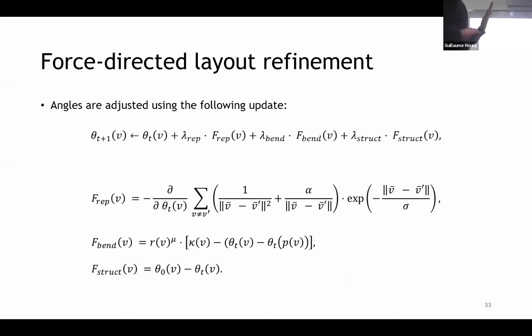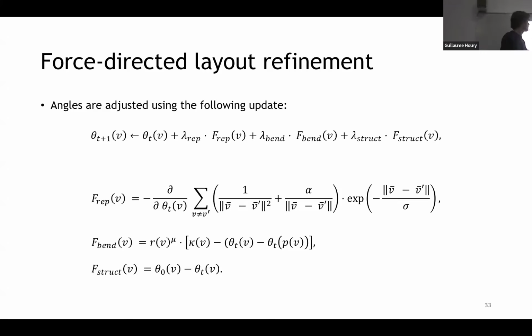So basically, we are using a typical classical technique for graph visualization called a force-directed algorithm. The idea is to iteratively adjust the position of the nodes, or in our case, angular parameters, by applying a set of forces to them that will enforce them to follow the desired properties.